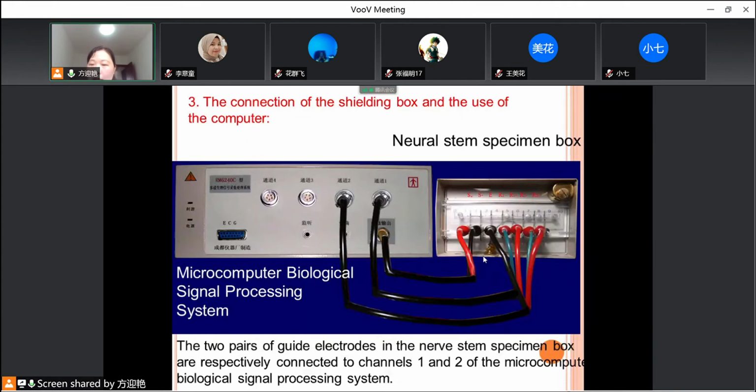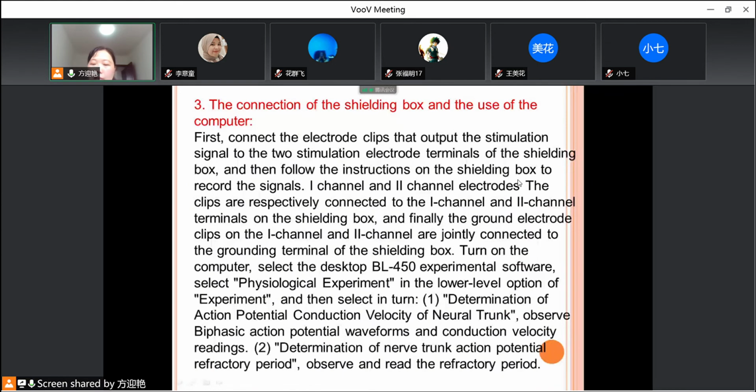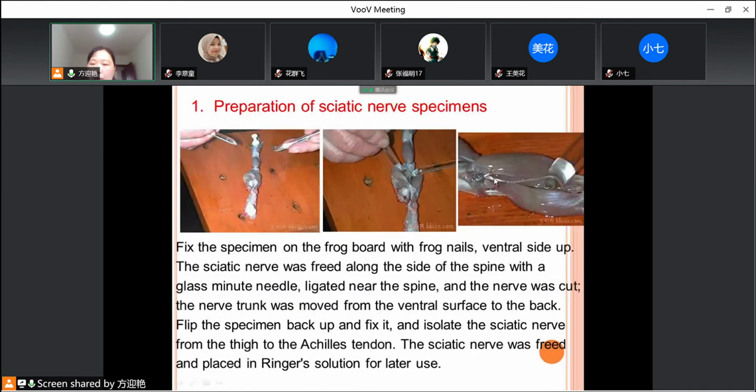Now we isolate this nerve fiber, the nerve specimens. The nerve specimen we have known that near to the central, near to the brain is very thick, and then the peripheral is thin.